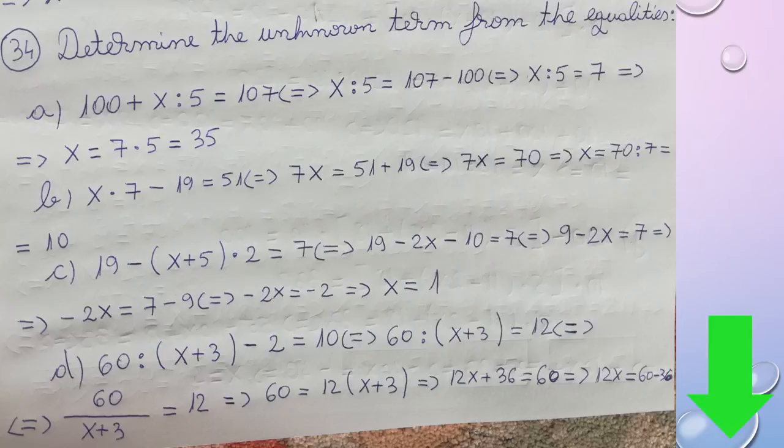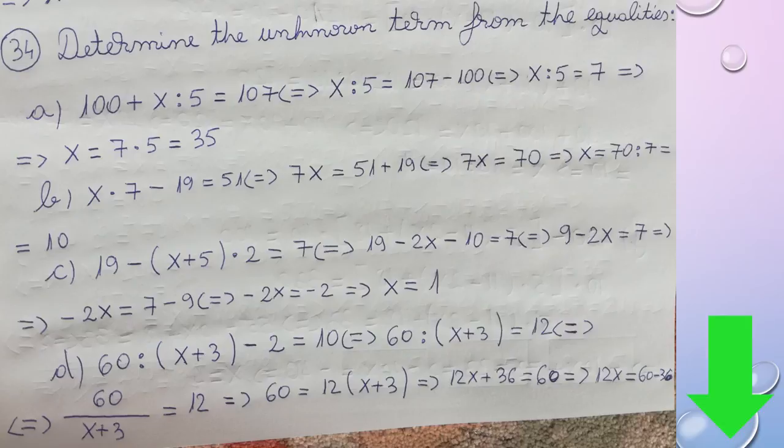In point C, we open the parentheses first and do the multiplication and change all the signs inside the parentheses because we have minus in front of the parentheses. By doing the calculations, we obtain that x is equal to 1.